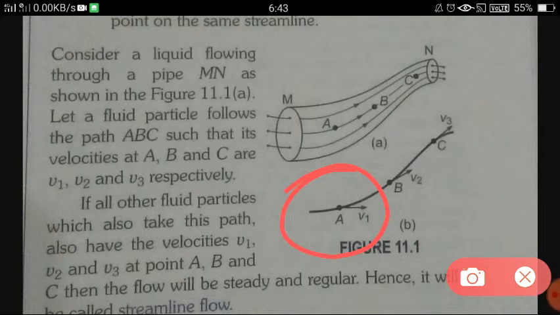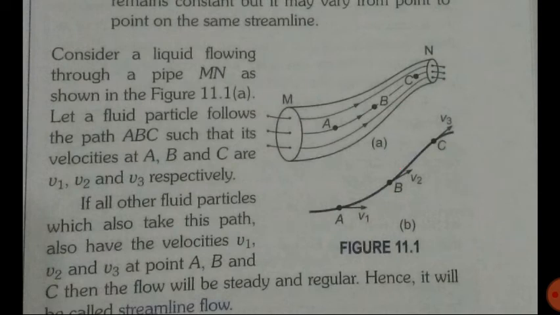Whatever particle passes through A will follow that particular velocity v1. For one point the velocity is always constant, but for any other point there may be a different velocity. Are you understanding this? For point A, the velocity is v1, so for point B, velocity may be v2. There is a difference in velocities at different points, but for one particular point its value is the same.